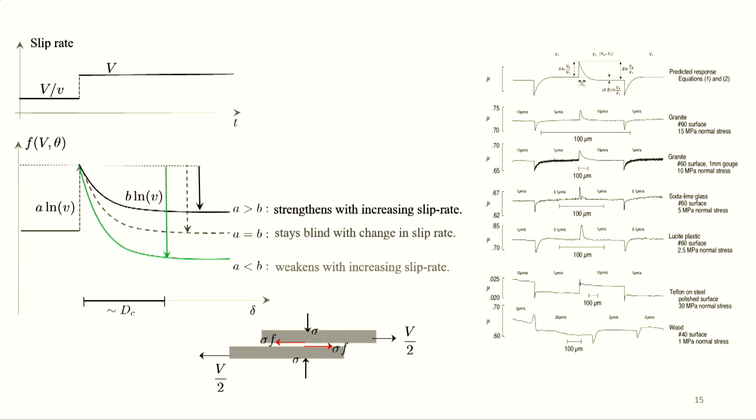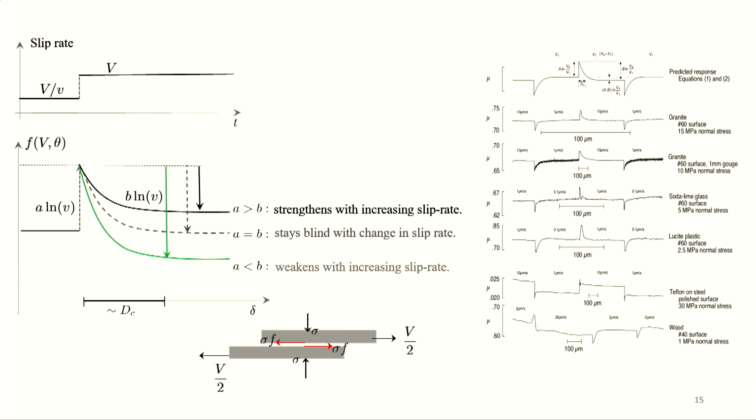if the direct effect is subdominant compared to the eventual weakening, these are the scenarios referred to as rate weakening regions, and they are the ones responsible for rapid sliding. If the interface has this property, they are the ones that provoke earthquakes.